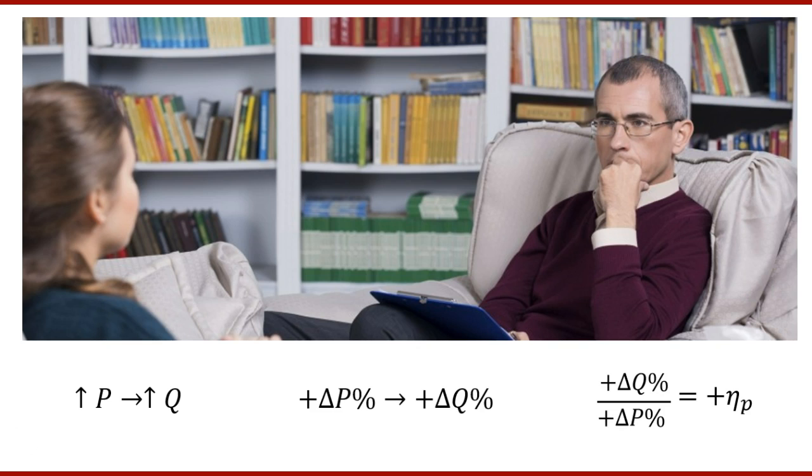That is violating the law of demand. So we have a positive price elasticity of demand coefficient. Why might that have occurred? That seems pretty odd. Well, it's possible that in the case of, for example, psychological counselling services, the price of a product might be an indicator to consumers of the quality of the product.